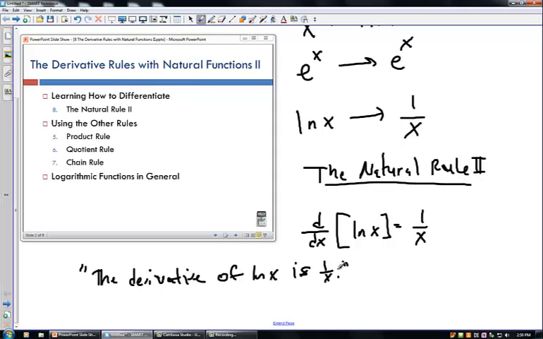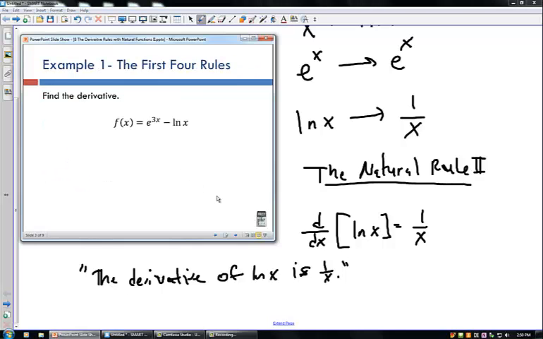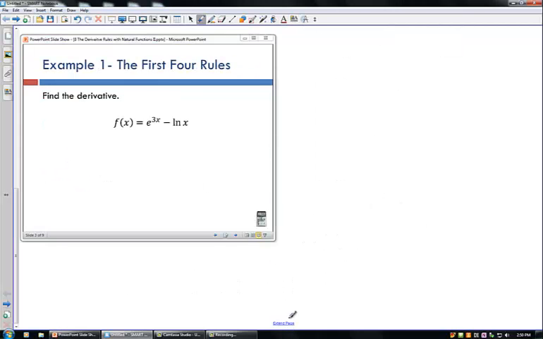So we want to take a look at a couple of examples here. Example 1: f of x equals e to the 3x minus ln of x.